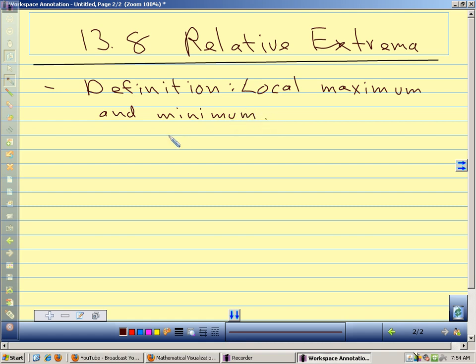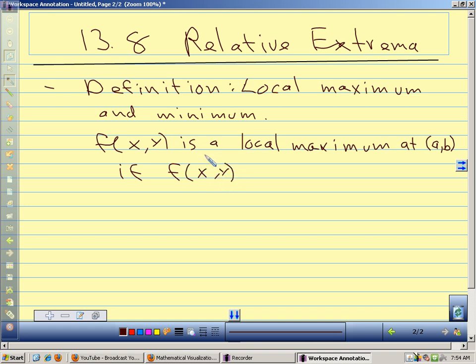So we say f of x, y has a local maximum at point (a, b) if f of x, y is less than or equal to f of a, b for all (x, y) in some open disk around (a, b).